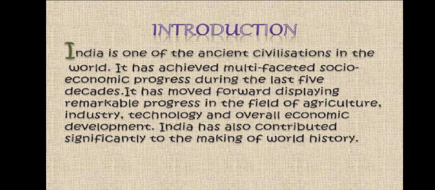It has moved forward, displaying remarkable progress in the field of agriculture, industry, technology, and overall economic development. India has also contributed significantly to the making of the world history.